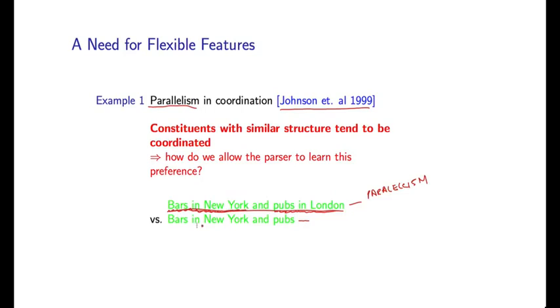If we look at the second example, this does not have parallelism. We're coordinating bars in New York with pubs, and these two constituents do not have the same internal syntactic structure. So statistically speaking, we seem to see a preference for these kind of structures as opposed to these.